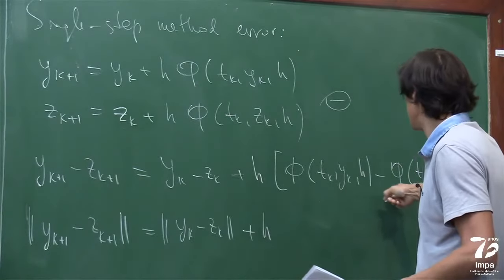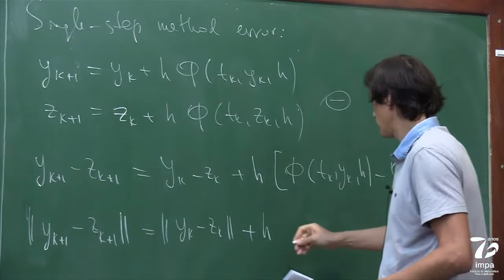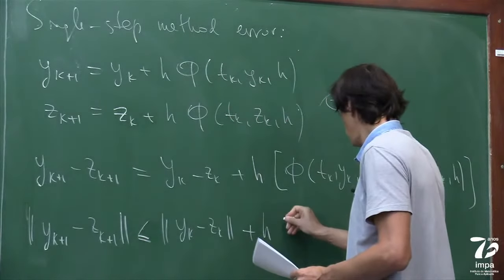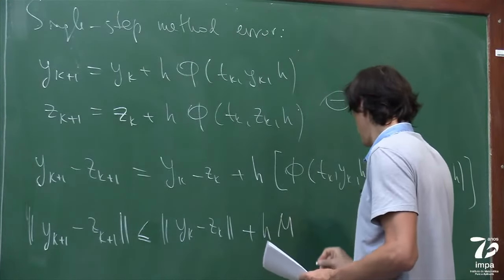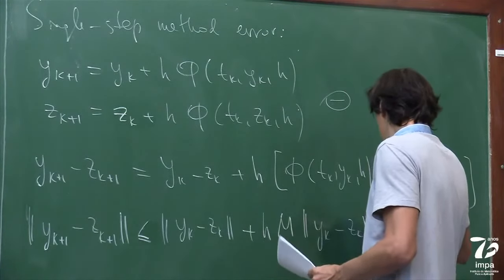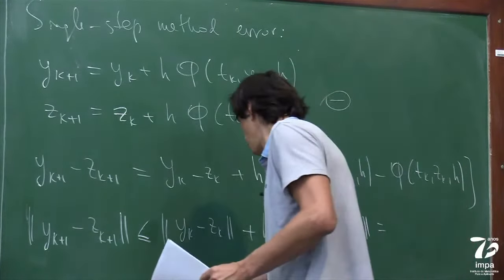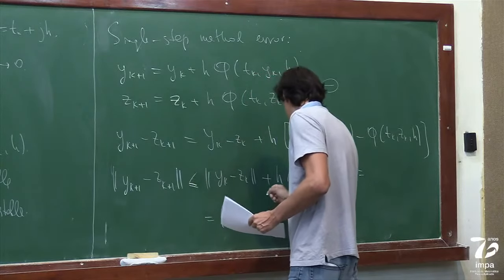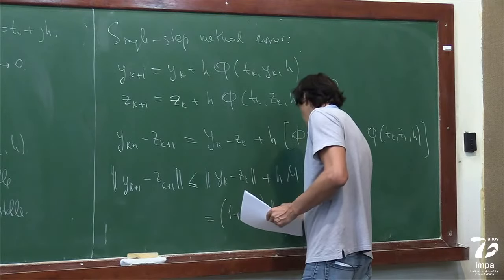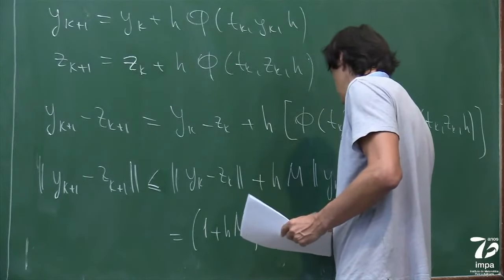Remember that this is a Lipschitz function, so this can be written as smaller or equal than h M norm of y_k minus z_k. So this becomes (1 plus hM) norm of y_k minus z_k.